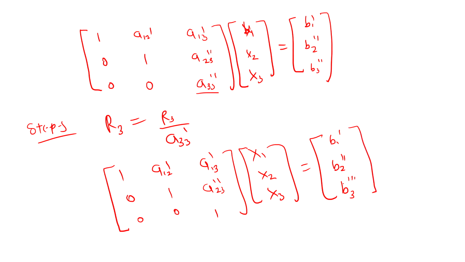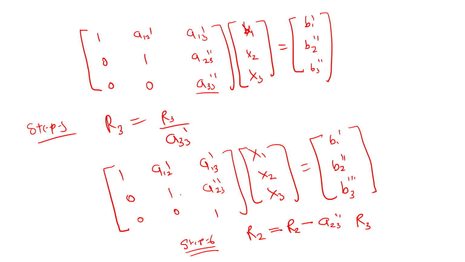Now let us do step 6. R2 = R2 minus A23 double prime times R3. So I am subtracting this minus this.